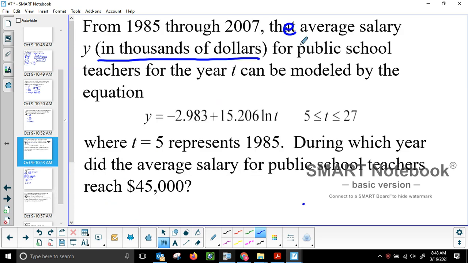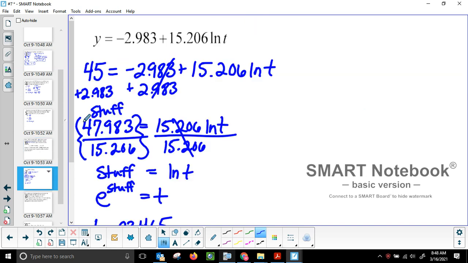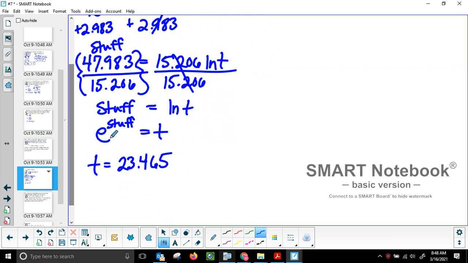It says that 5 is equal to 1985 and 27 is equal to 2007. So what would 23.465 equal?